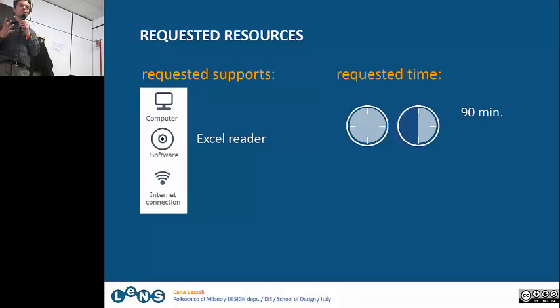You develop maybe the first draft, and then you go on detailing it and refining it, and so it could be used at different times, even with longer timing than what is shown over here. But let's say for a first draft, this could be an idea of the time that is requested.